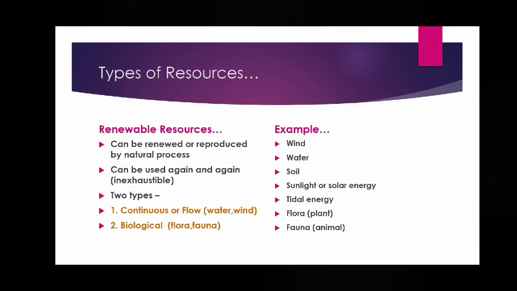Like water, water is always available. Why? Because the hydrological cycle is present. Wind is also always available. Have you ever seen it written in the newspaper that wind is going to be finished? No, that is not possible. That's why it is called continuous or flow. That means continuously available, there is no interruption.